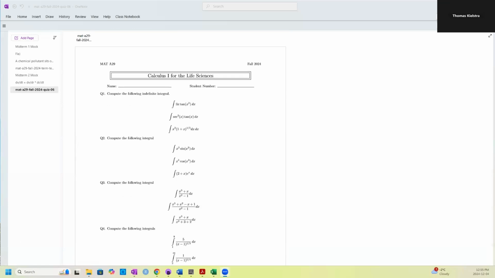So here, when looking at this example, we see 3x tan x squared integral du dx. And when I see this, I think, okay, this is a function outside and a function inside.